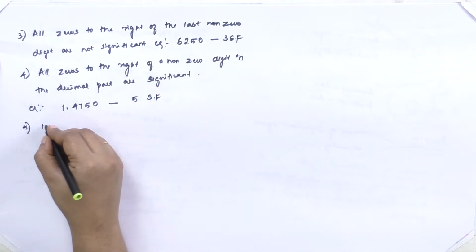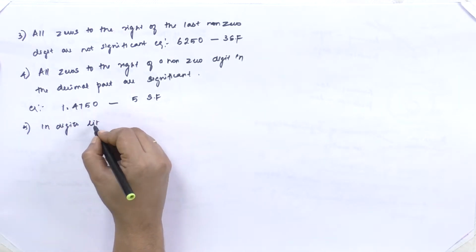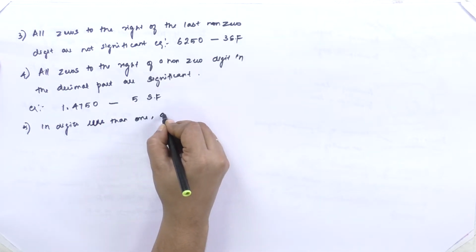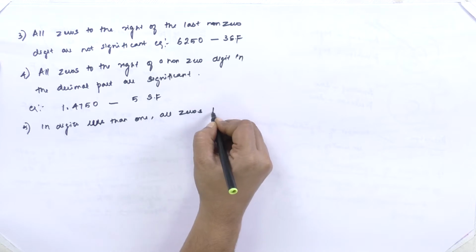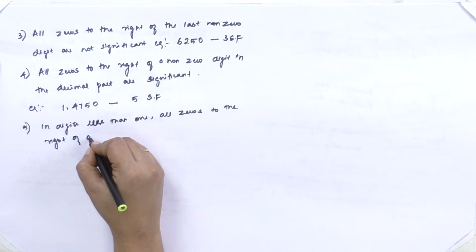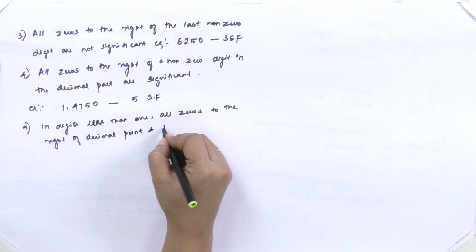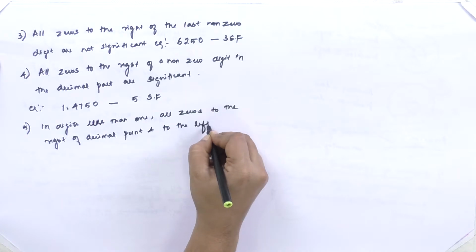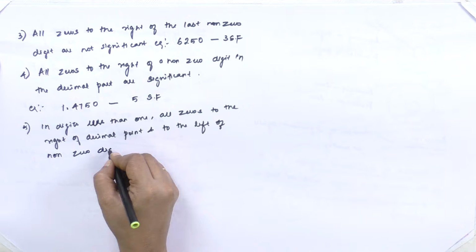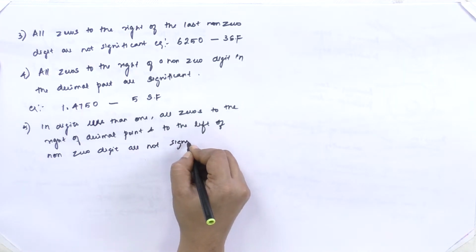And the fifth rule is, in digits like less than 1, all zeros to the right of the decimal point and to the left of the non-zero digit are not significant.